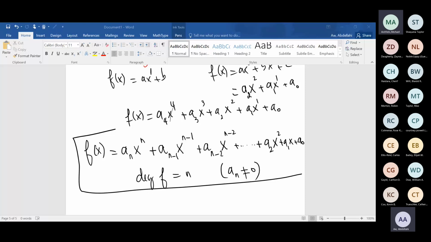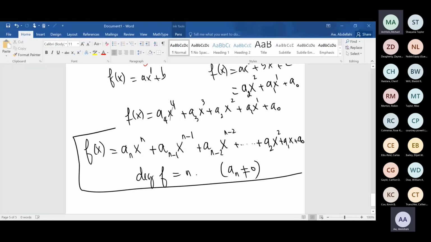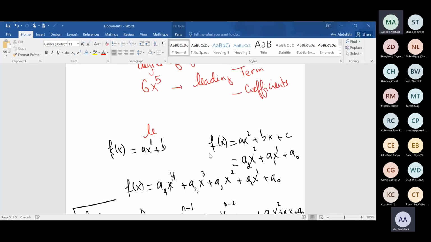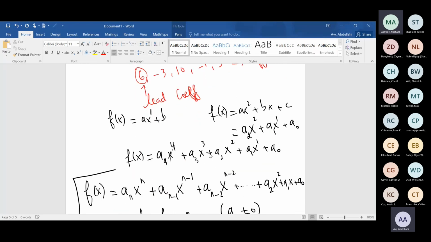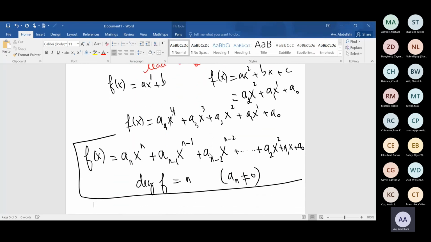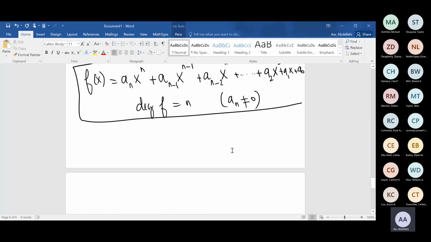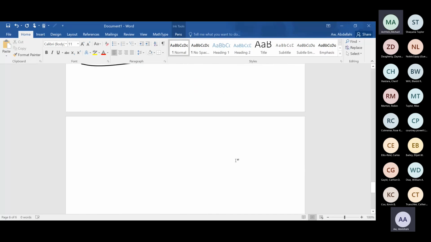But degree 3 and above, it's harder, okay? So we're going to see, if the polynomial is nice enough, what can we do to graph it, okay? For that, we're going to introduce a new concept, which is a zero of a polynomial.